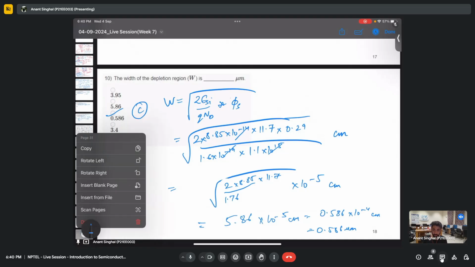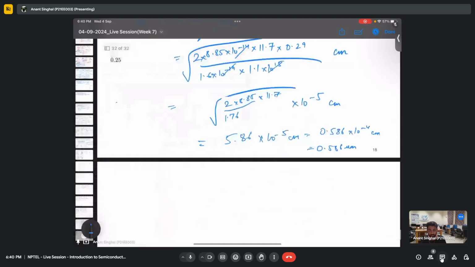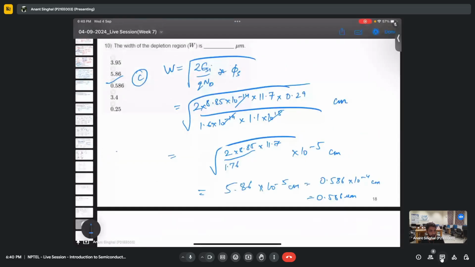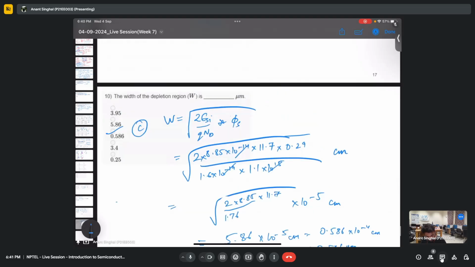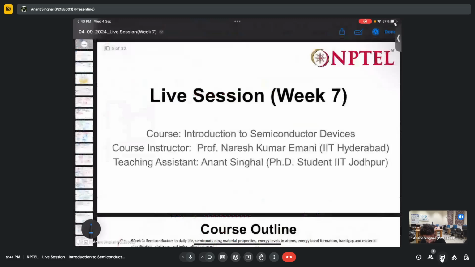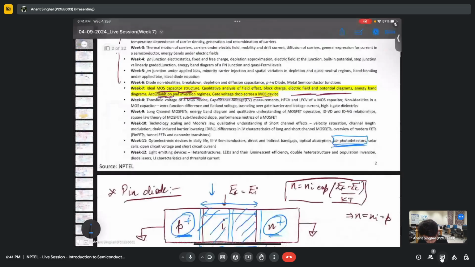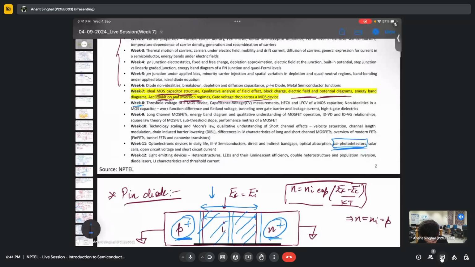So are you able to understand the whole concept of this MOS capacitor? Are there any doubts that you still have? Okay, that is great, because next week we will talk more about the threshold voltage, which we already discussed, but we'll go in depth, and the CV measurements, how the CV plot looks.